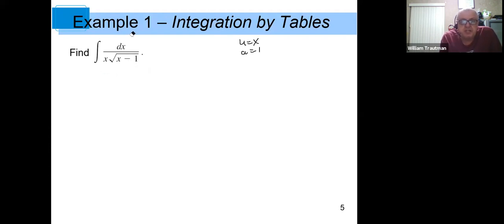And so if we can find this, I'm looking at my formula sheet, and look at formula 17.